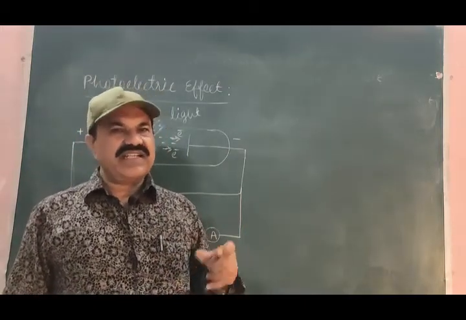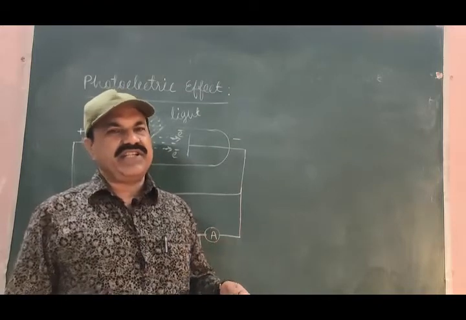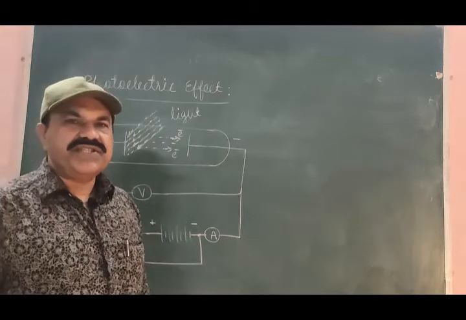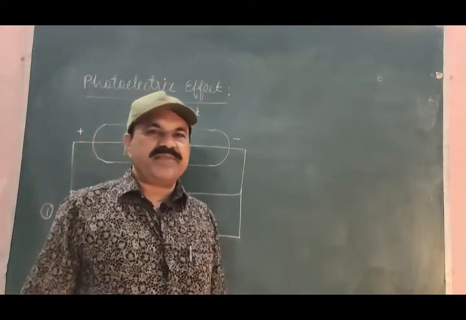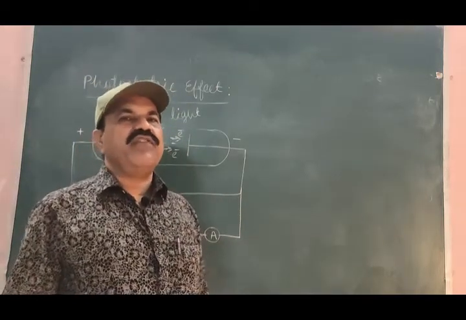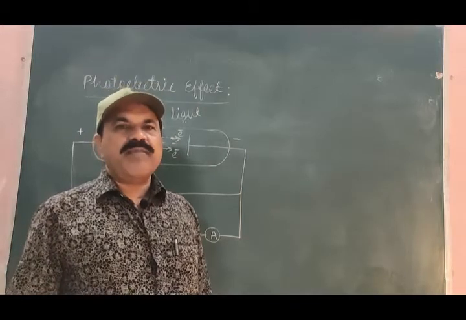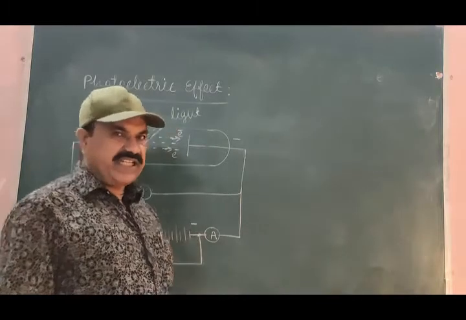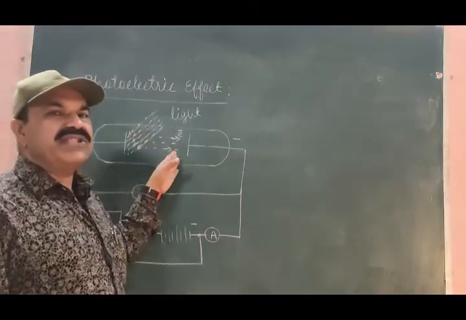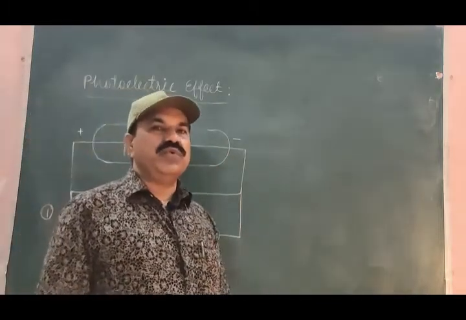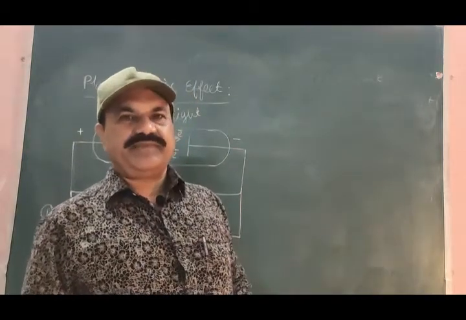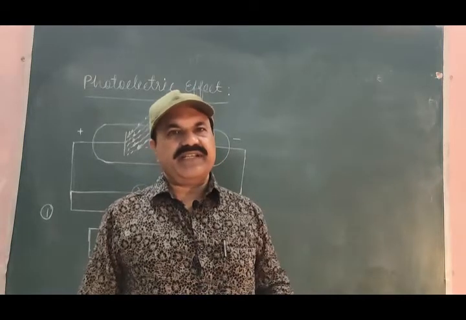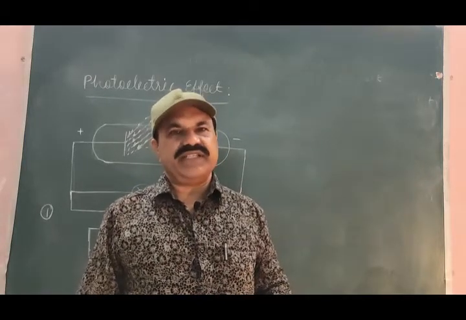When frequency is held constant and the intensity of the light falling on this metal plate is changed in regular steps, Einstein found that the number of electrons emitted from this plate is proportional to the intensity.